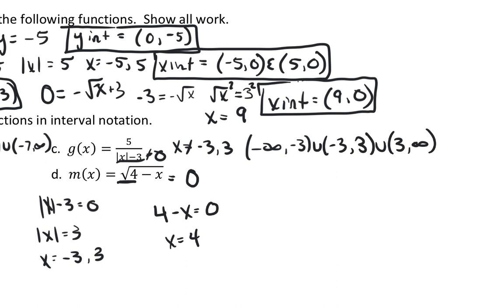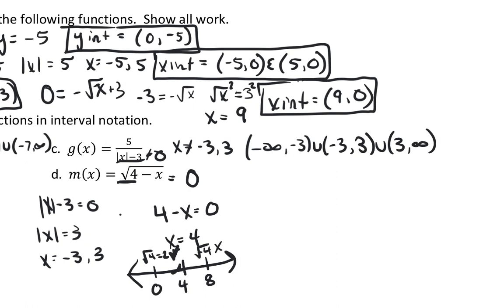Now we have to determine which side of 4 works. If we plug in 0, we get the square root of 4, which equals 2, which is good. There's a check mark. But if we were higher, at 8, we'd have the square root of -4, which is bad.